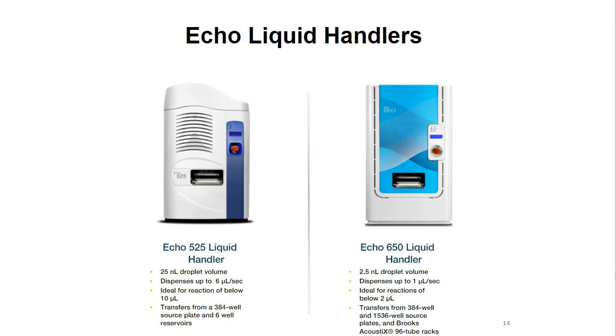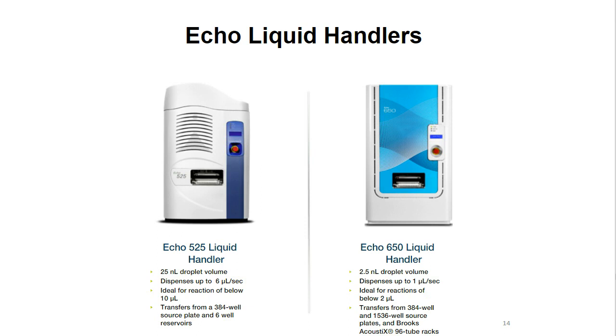In the case of the Echo 650, the source plate can be either a 384 or a 1536 well plate, and it can dispense in well plates from 6 well up to plates that have 1536 wells.